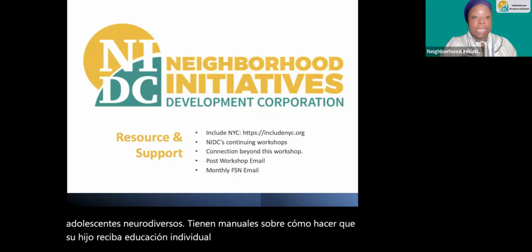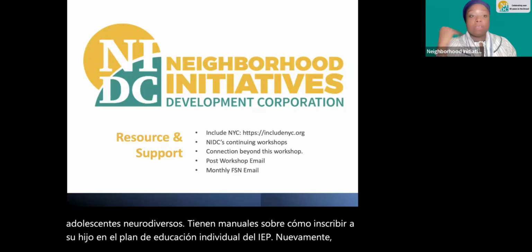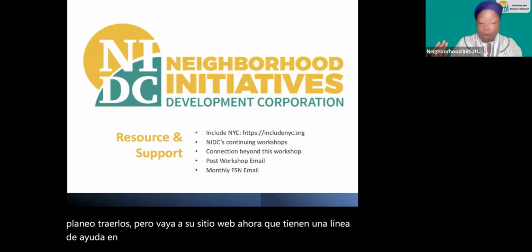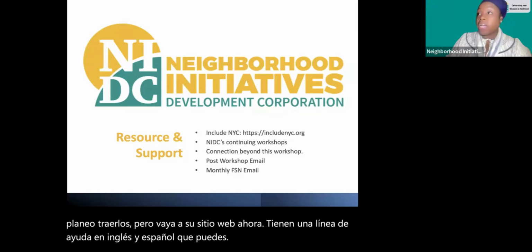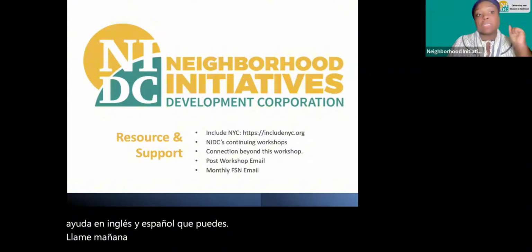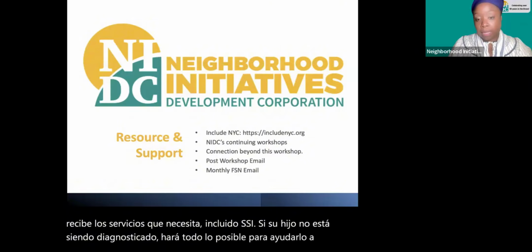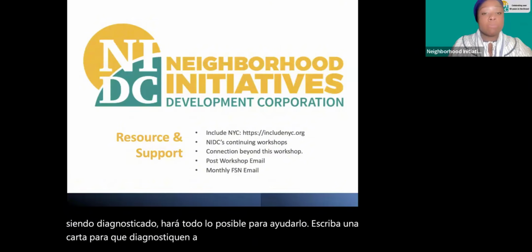Again, I plan on bringing them in, but go on their website now. They have a helpline in English and Spanish that you can call tomorrow and ask questions if your child is diagnosed and not getting the services they need, including SSI. If your child is not getting diagnosed, they will do everything down to help you write a letter to get your child diagnosed. We will be having workshops around neurodiversity every month from now until June.